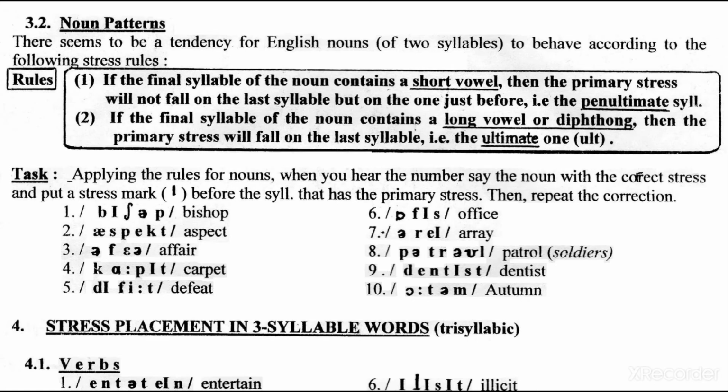Rule 2A says, if the last syllable of the noun contains a short vowel, the stress is on the penult. Rule 2B says, if the last syllable contains a long vowel or diphthong, again we don't care about the coda or the consonant, we just look to the peak, and the noun will be stressed on the ult.